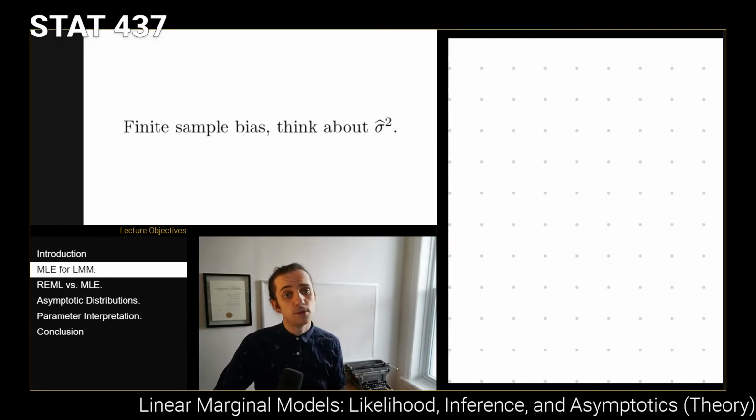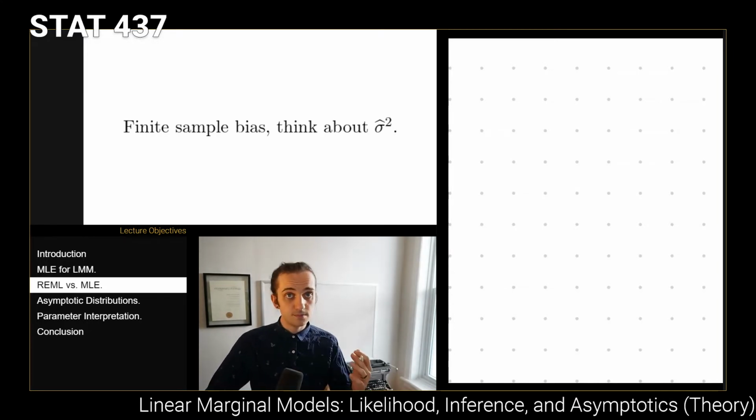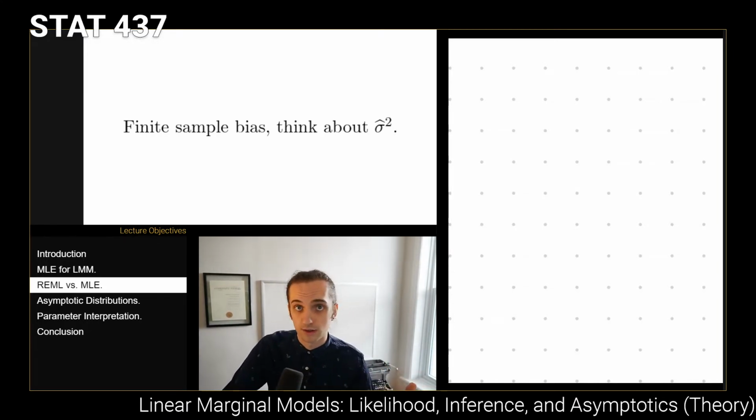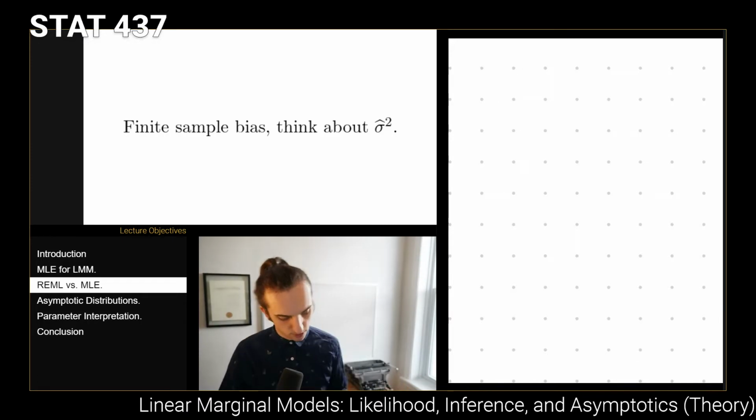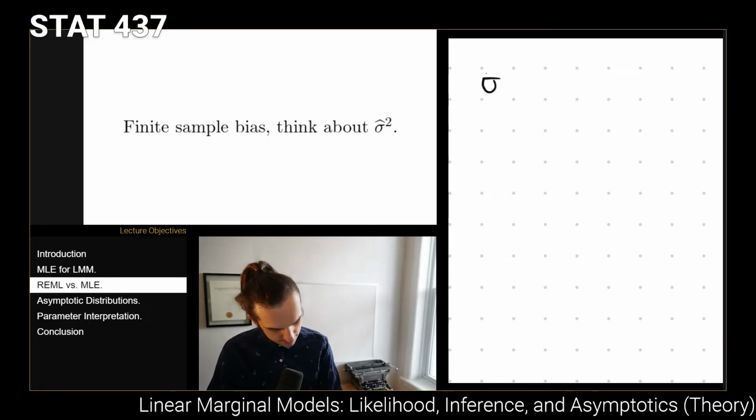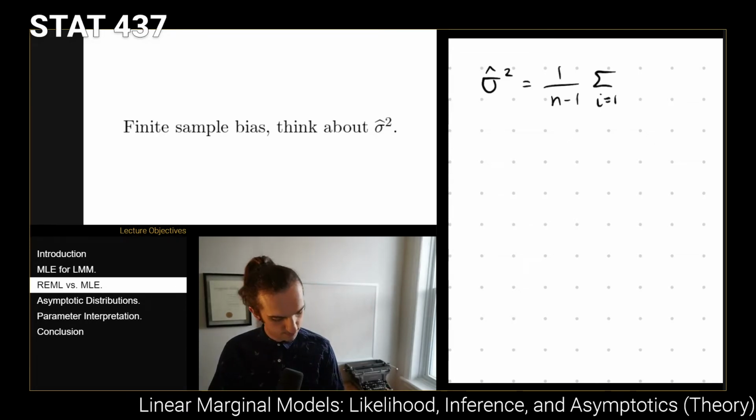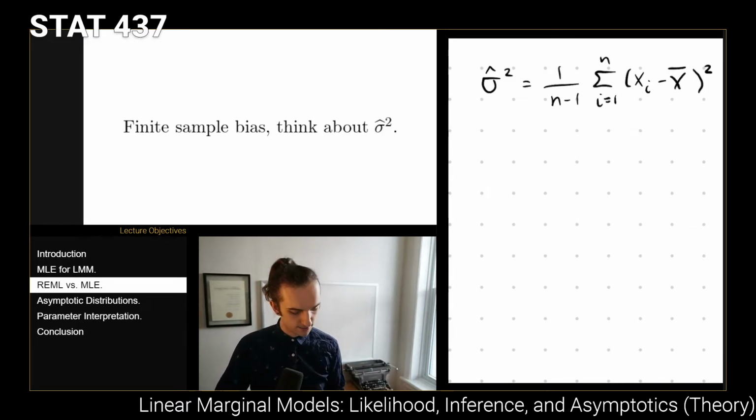So if you think about when we're using standard variance estimation from a sample, as you would have seen in all of your stat courses before, we always use sigma hat squared equal to 1 over n minus 1, and then we take the summation of x_i, say, minus x bar squared, right? This is our common estimator for the sample variance.